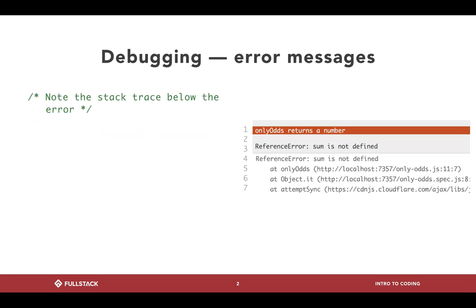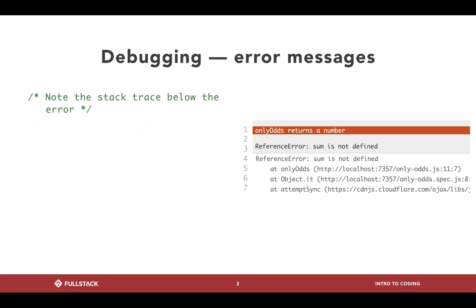So the first thing that you can utilize is error messages. When something is wrong in the code, it'll throw an error and it'll say things like this on the right: sum is not defined.